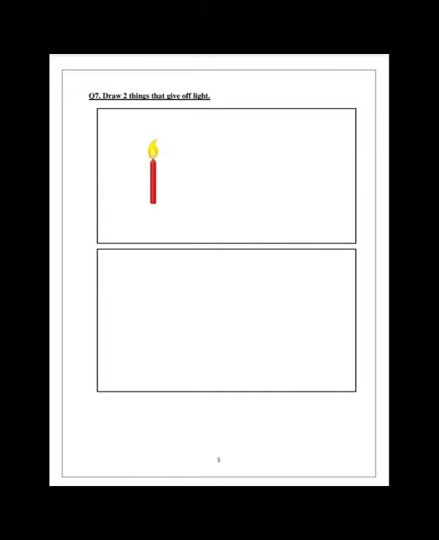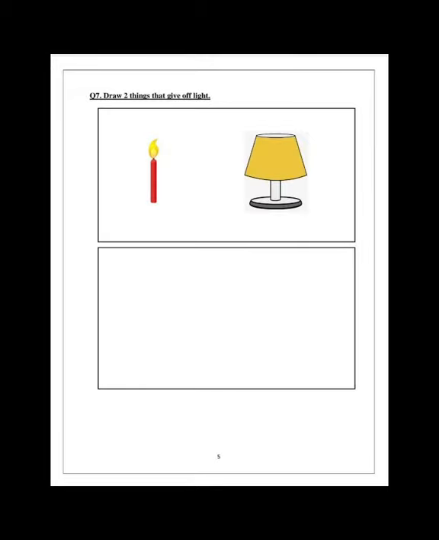One more thing I can think of which gives us light is a lamp. Yes, we turn on a lamp when we need light. So you can draw any one of these things in the first box. I have given you more options, but you have to draw only two things, one in each box.